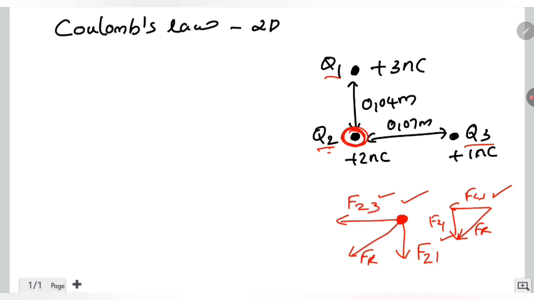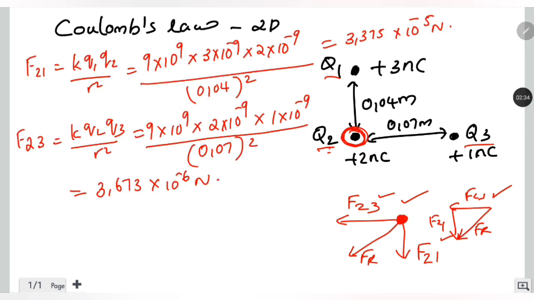So let me calculate for you first. Okay. So this is how I calculated F21 and F23. So this calculation is the same, right? And then now Fr, the resultant force, okay? Fr is equal to, according to Pythagoras, the square root of Fx squared plus Fy squared, right?